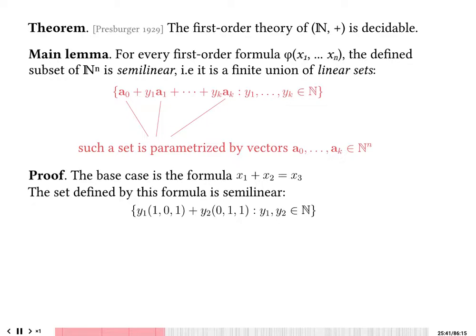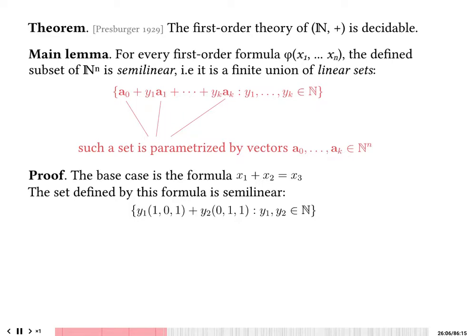Let's begin with a basic formula, which is the basic predicate which says that x1 plus x2 equals x3, or it could be x5 plus x7 equals x2. If you think about it, the semantics of this formula, the set of triples such that the first two coordinates add up to the third one, is easily seen to be a semi-linear set.